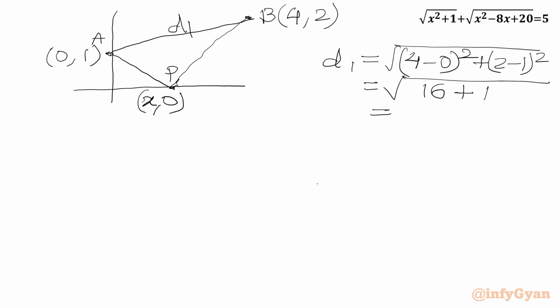So distance d1, which is the distance between point A and B, is square root 17 units.